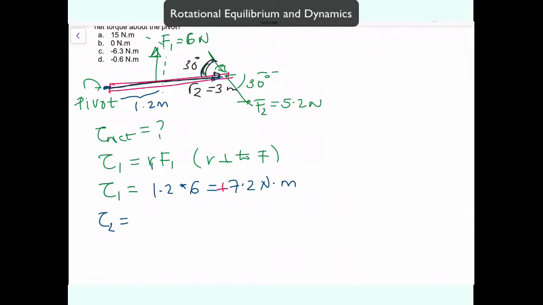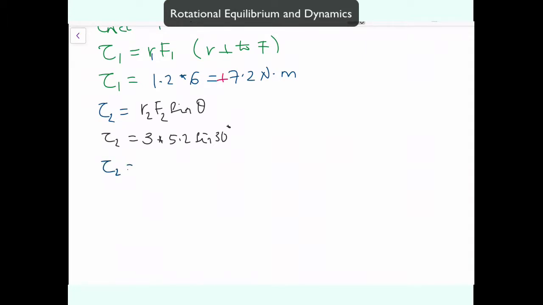Whenever you have a scenario like this, to find the magnitude you have to use R2 F2 sine theta, where theta is the angle between R and F. So tau 2 is going to be R2, which is 3 meters, the distance from the pivot to the line of action of the force, times the force 5.2, times sine of 30 degrees.